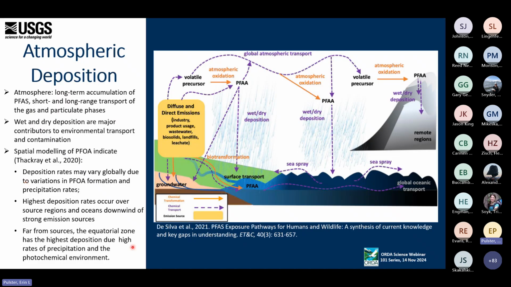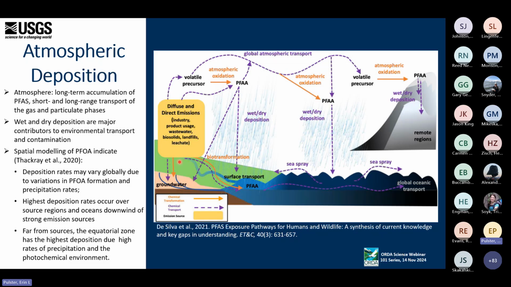So atmospheric deposition. Atmospheric deposition is a pretty important topic in terms of PFAS. The atmosphere is considered a sort of reservoir or long-term accumulation of PFAS, but it also is responsible for the short and long-range transport of PFAS around the globe.